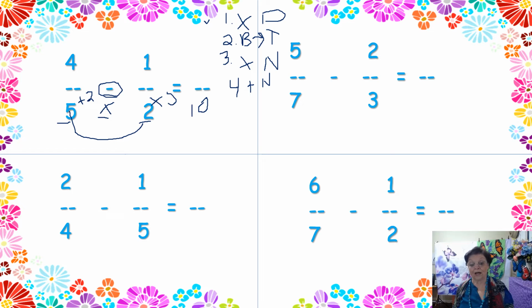Now, whatever you do to the bottom, that's right, you have to do to the top. So we multiplied this times 2, so we're going to multiply this times 2. And we multiplied this times 5, so we're going to multiply this numerator times 5.